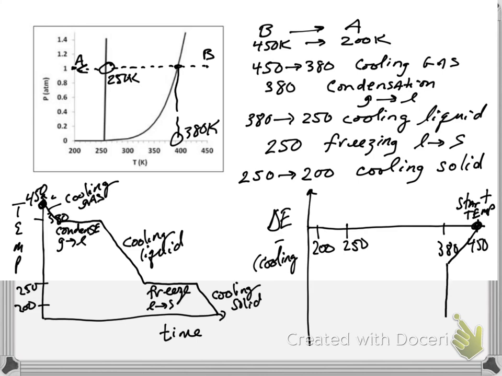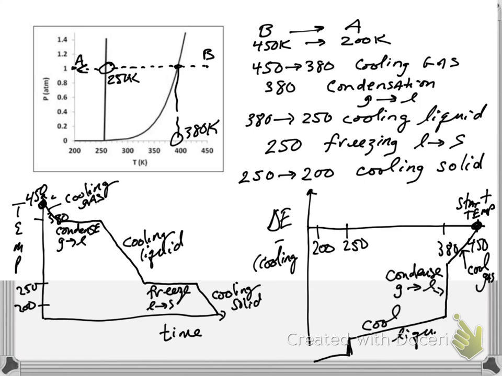There's a big step down. Then there's the cooling of the liquid. There's another step down as we freeze. And then there's the cooling of the solid. So we should see the cooling of the gas, the step of the phase change going from gas to liquid, the cooling of the liquid, the phase change of the freeze of liquid to solid, which should be another step at the freezing point, and then the cooling of the solid as a ramp.